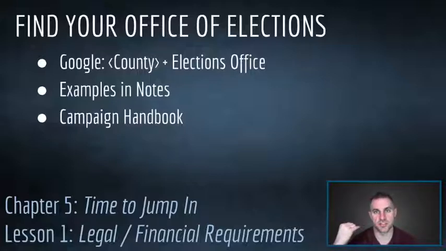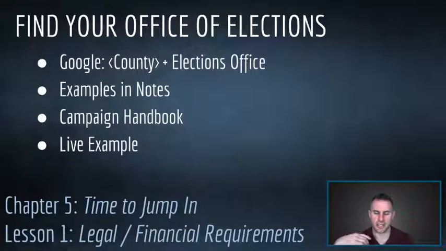It could even go into details about how to set up your bank account for the correct financial disclosures. So that's the primary thing you'll be looking for, something called a candidate handbook or campaign candidates guide, something along those lines. So let's get into a live example here, and I'll show you what I mean.